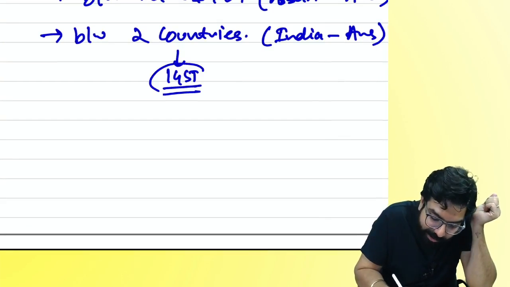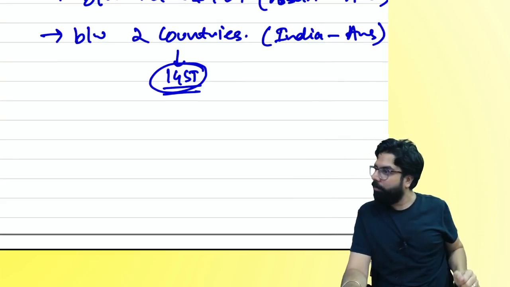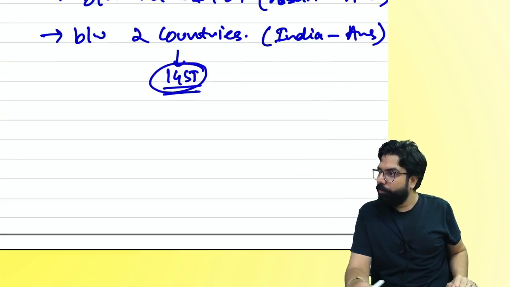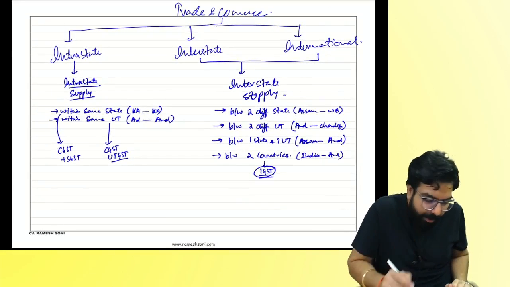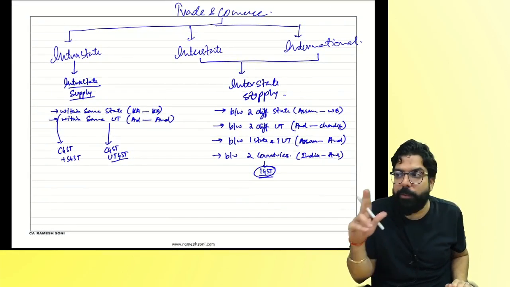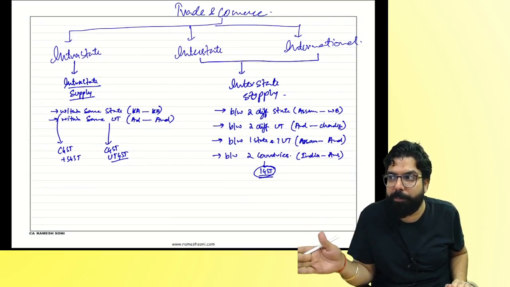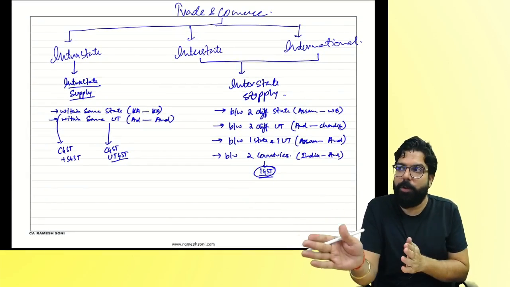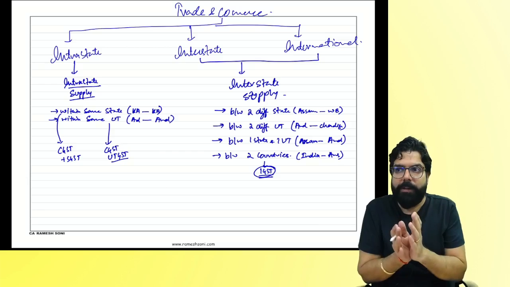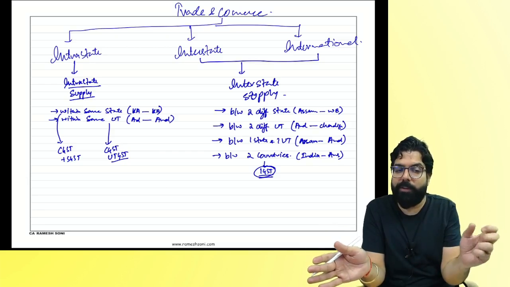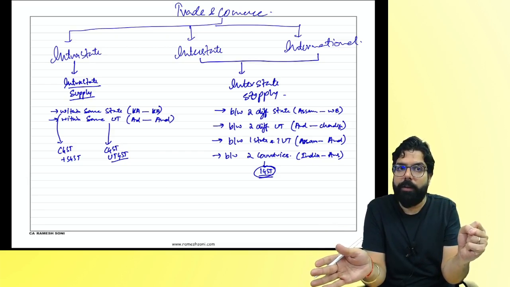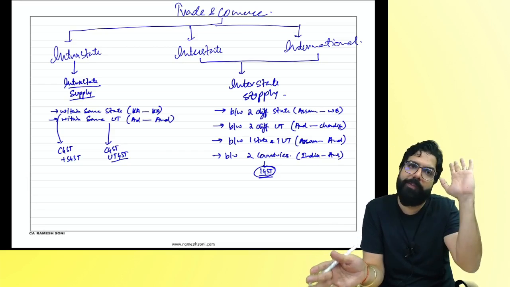Why IGST now? Sir, you told us the dual model. Yes or no? Whenever a transaction happens within the same state or within the same UT, what will you always charge? CGST plus SGST. CGST the central government will take, SGST the state government. Again, CGST and UTGST, central will take it only, but it will use it for the benefit of the union territory.